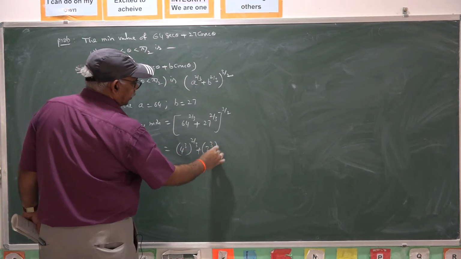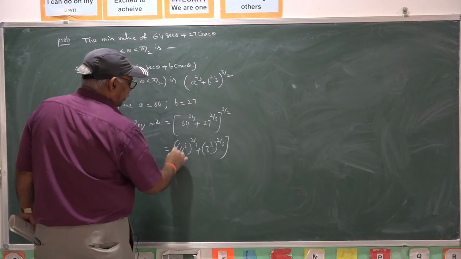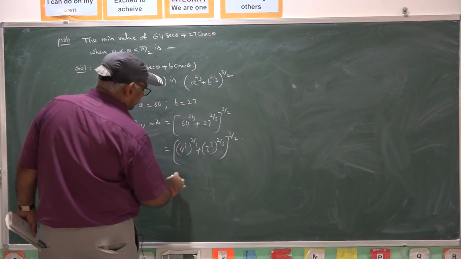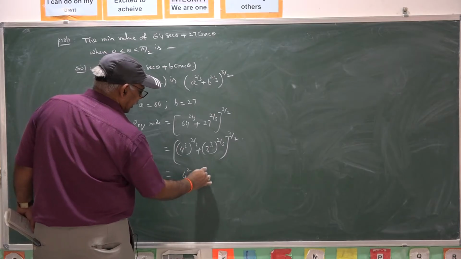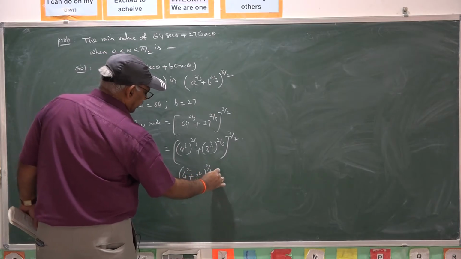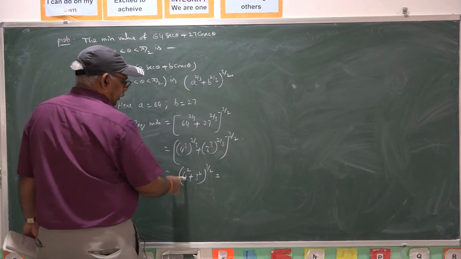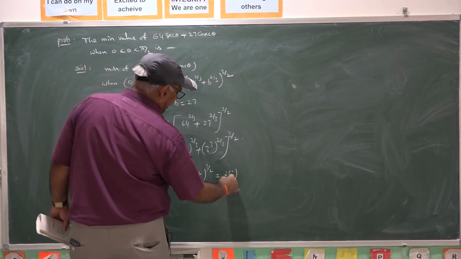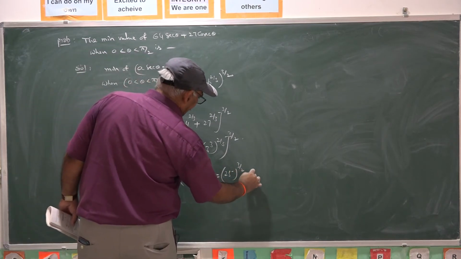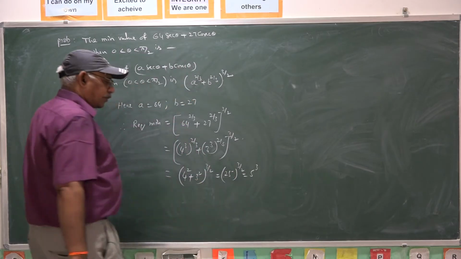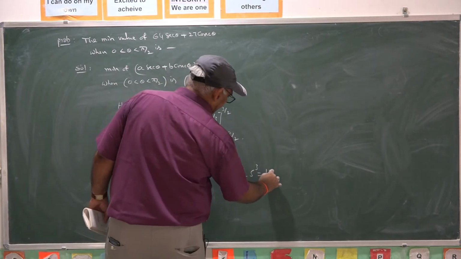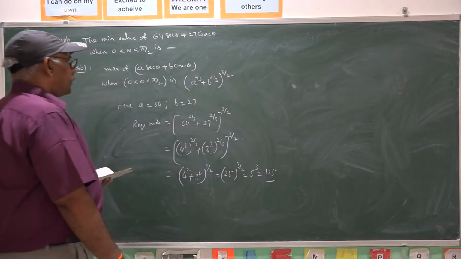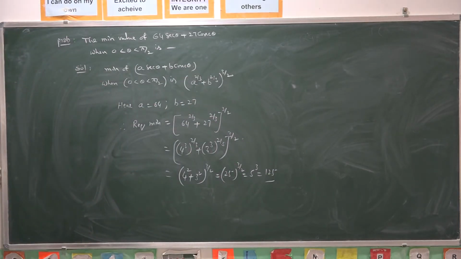This is 3 cube whole power 2 by 3, whole power 3 by 2. 4 square plus 3 square whole power 3 by 2. 16 plus 9, 25 whole power 3 by 2, that is 5 cube, because it can be written as 5 square, that is 125. The minimum of this function is 125.